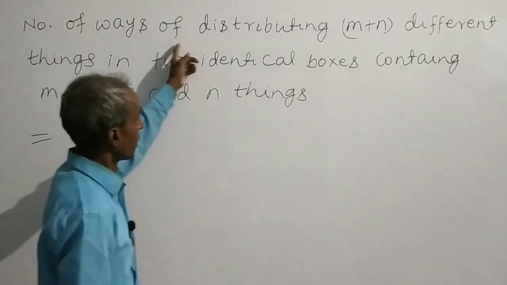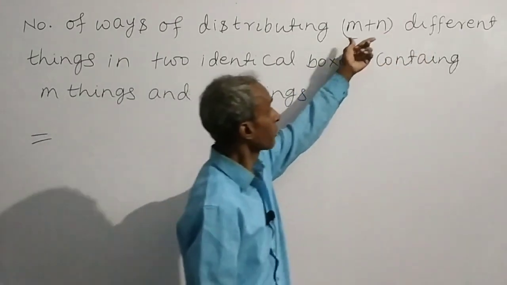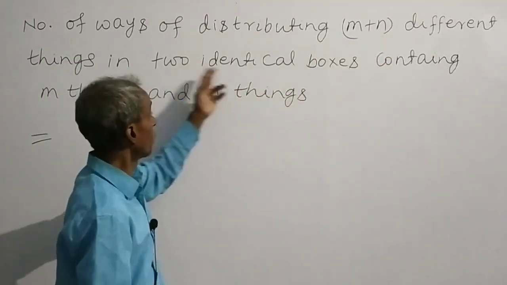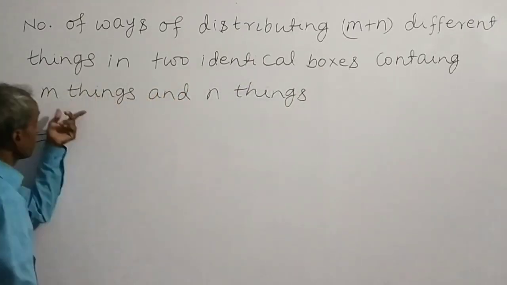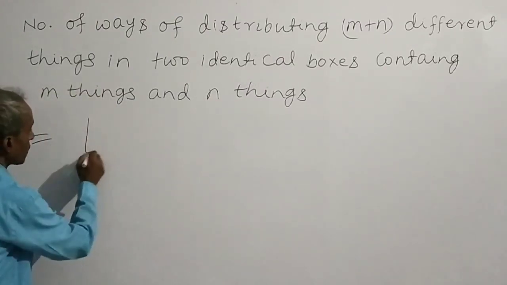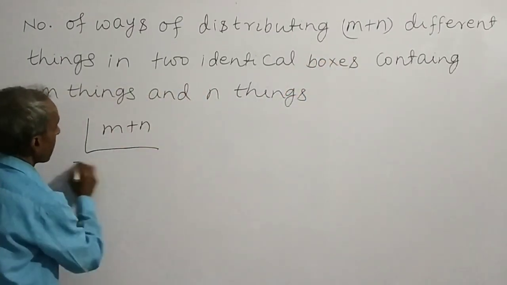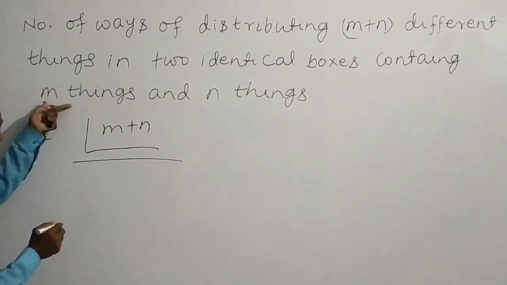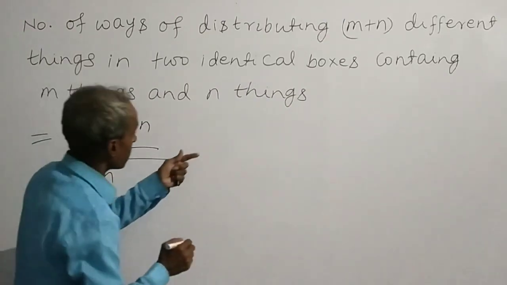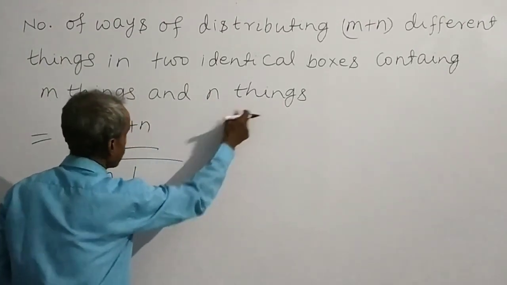Number of ways of distributing m plus n different things, total number of things m plus n, in two identical boxes containing m things and n things will be equal to factorial of the total number of things m plus n, divided by factorial m, the number of things in one box, times factorial n, the number of things in the second box.